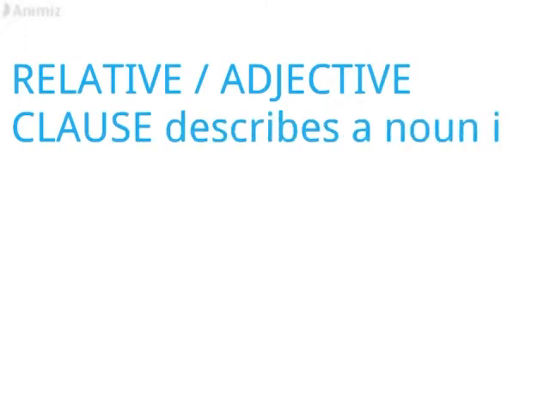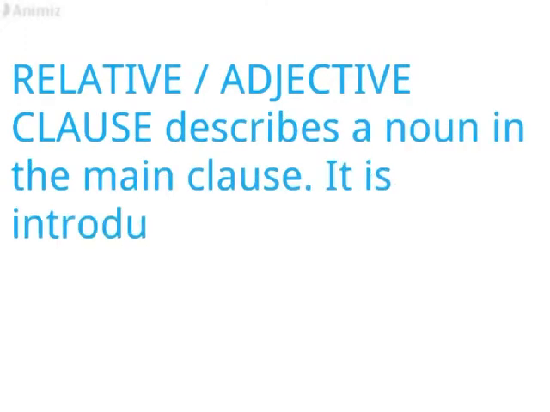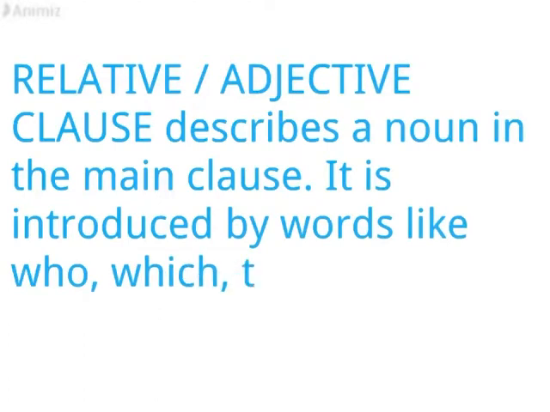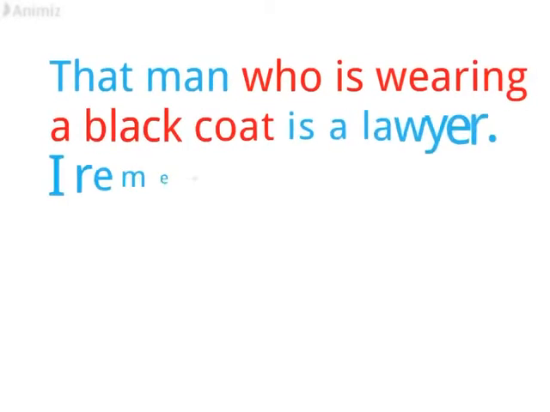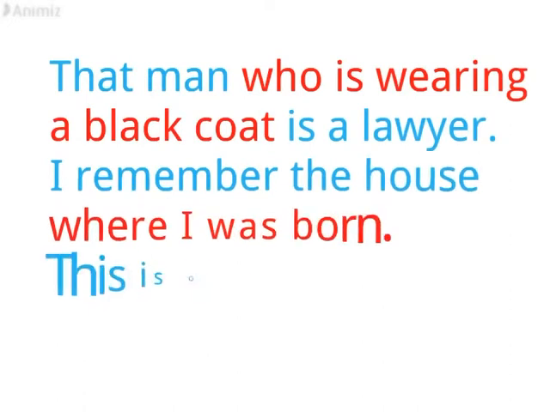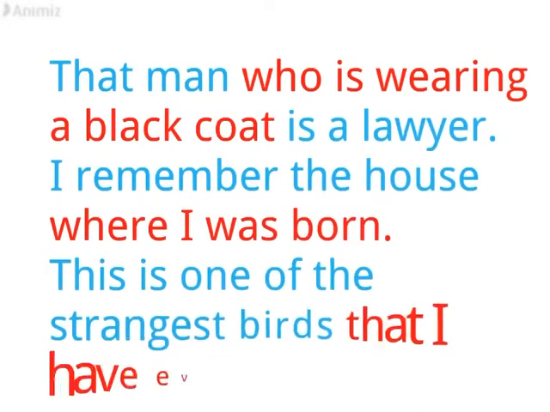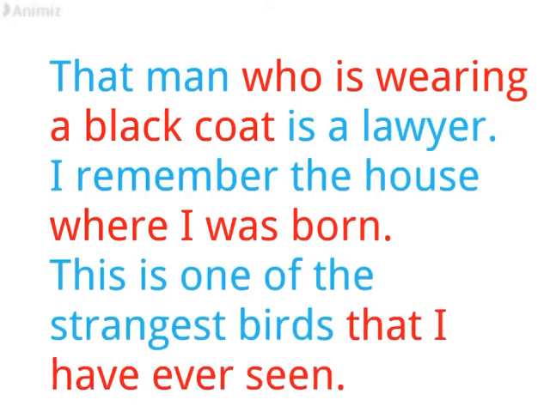Relative or adjective clauses describe a noun in the main clause. It is introduced by words like who, which, that, whom, where, why, etc. That man who is wearing a black coat is a lawyer. Now the adjective clause who is wearing a black coat is telling about the noun, that man.